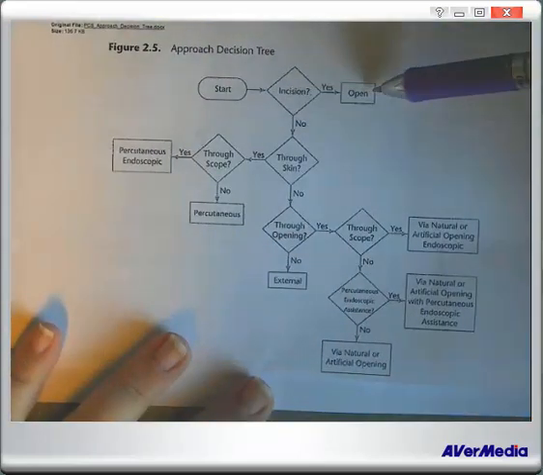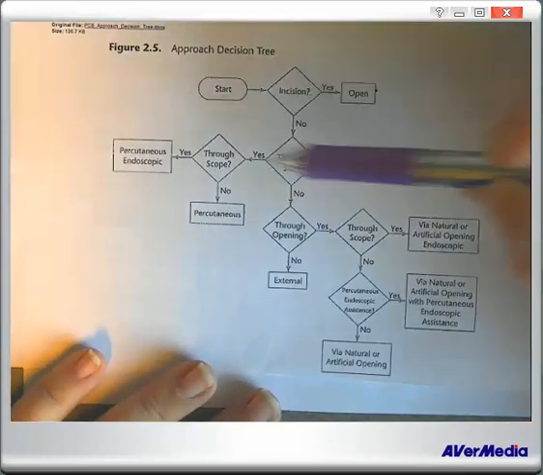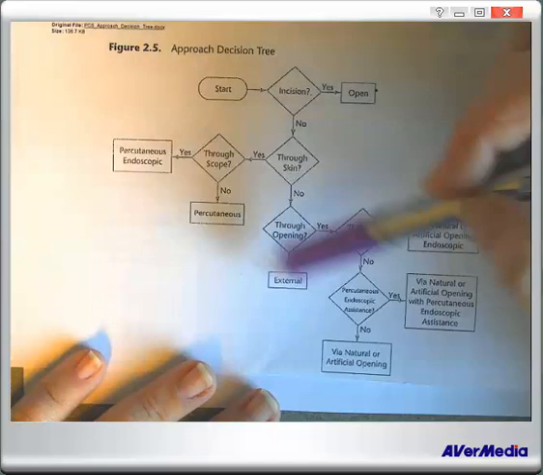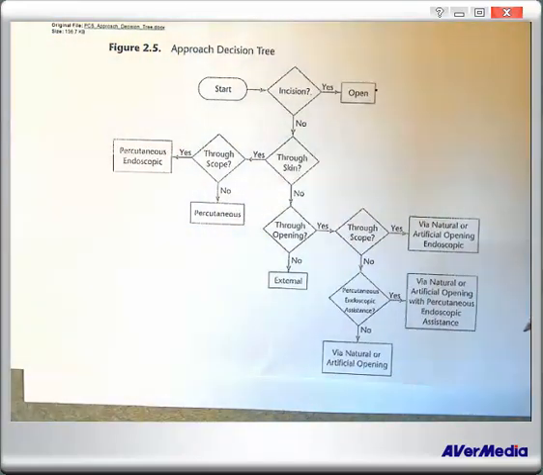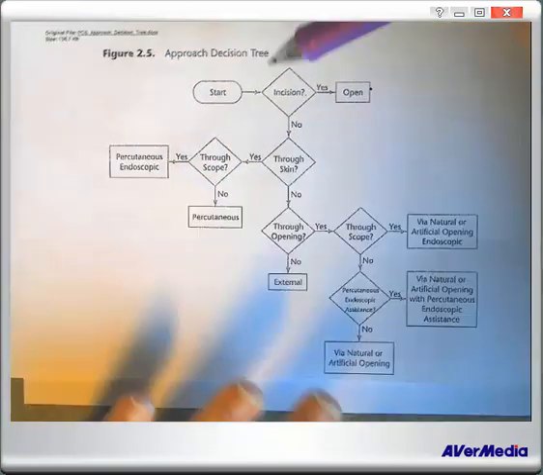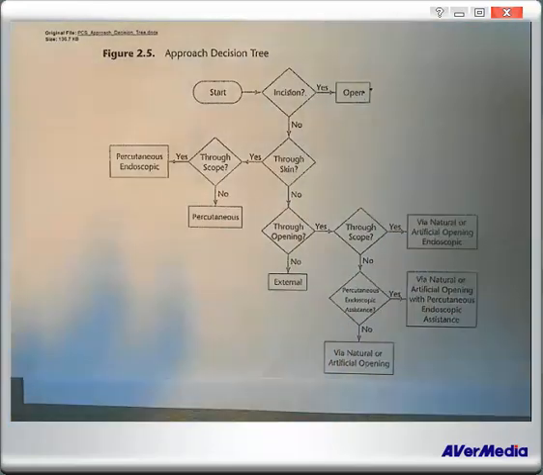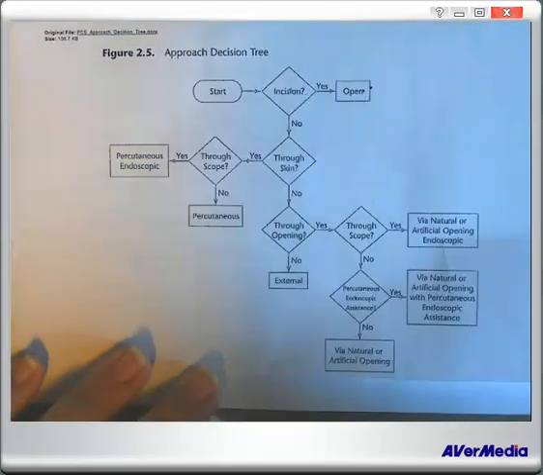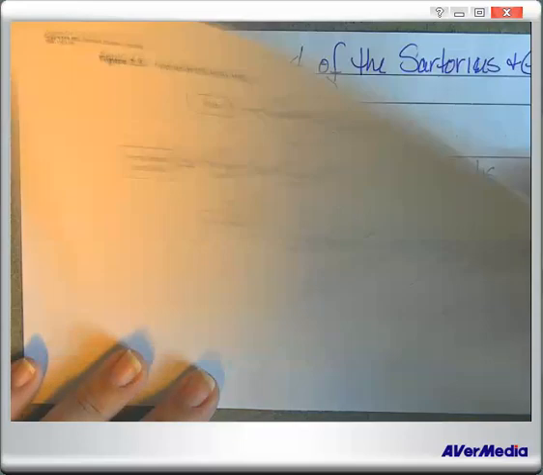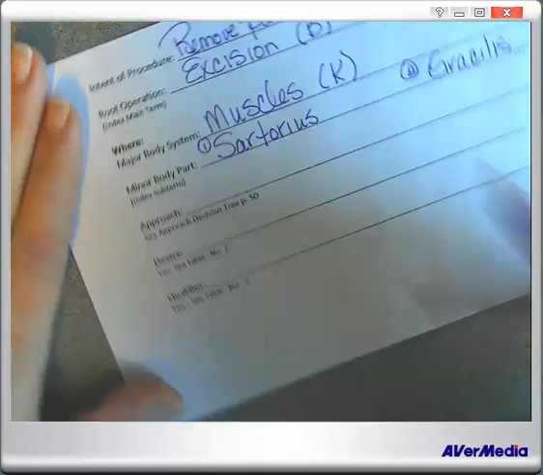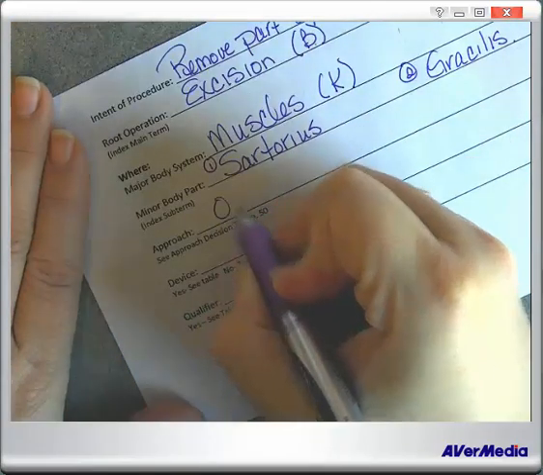So we have an open procedure here. If it doesn't say that we went through the skin with a scope, that it was percutaneous, that it was laparoscopic, whatnot, we have an incision and it was open, because it does not tell us otherwise. It gives us no other information. So that's kind of our default, okay? So we're going to say that our approach is open.